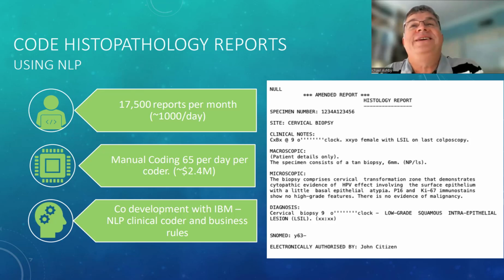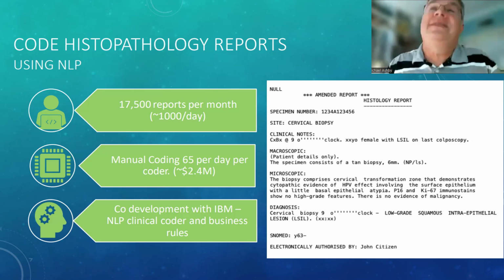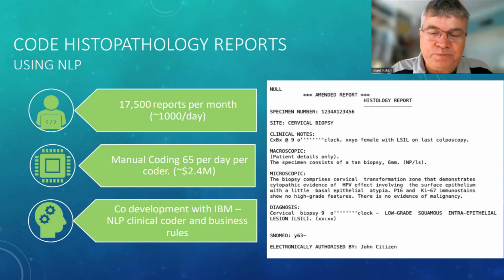Some interesting things there from a data point of view. Cervical biopsy, I'm reading from the clinical notes there, CXBX stands for cervical biopsy at 9 o'clock. Look at the way that's been formatted. How do you do data validation, rules-based validation on nonsense like that you're receiving? And this is just a small example.